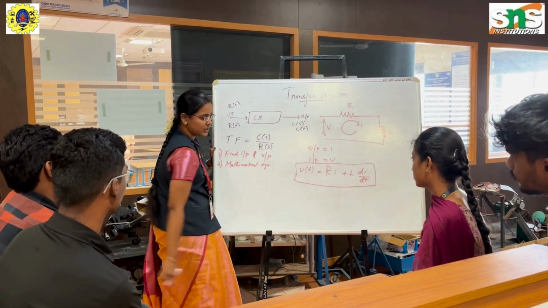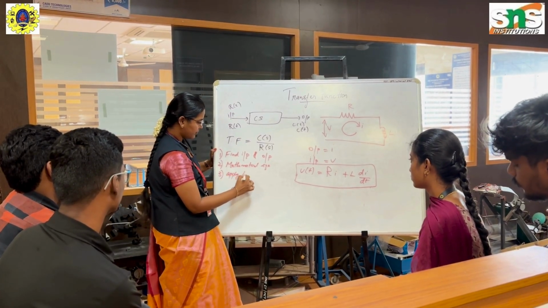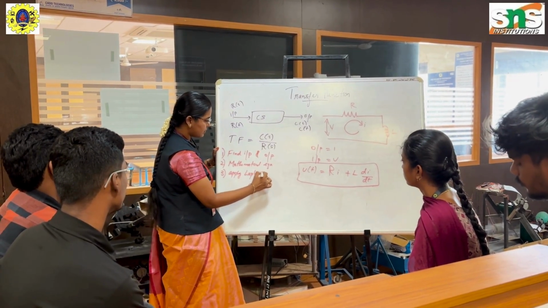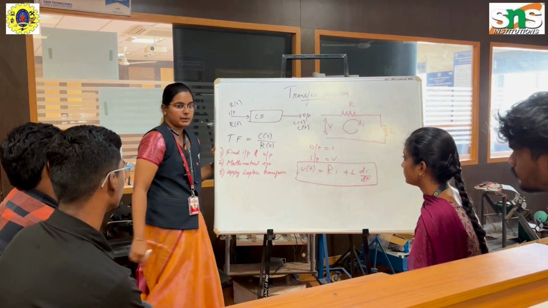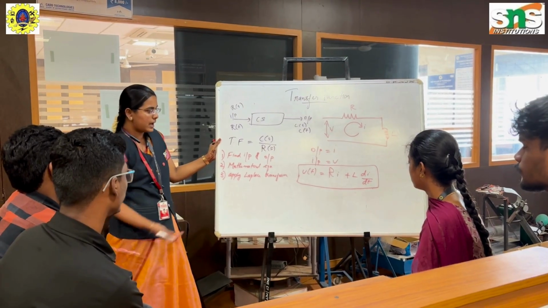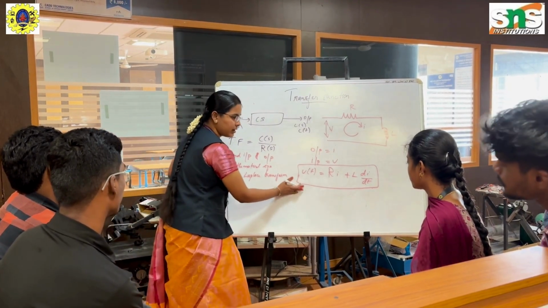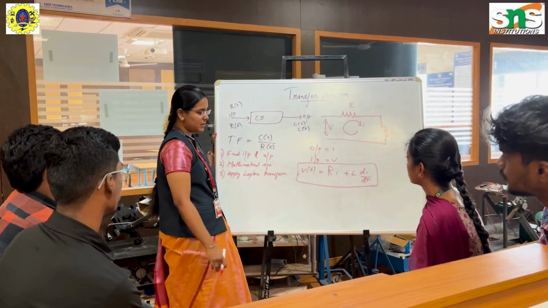The third step is to apply the Laplace transform. Why do I have to apply the Laplace transform? Any idea? Because I have to convert this to the frequency domain, and so I am applying the Laplace transform.